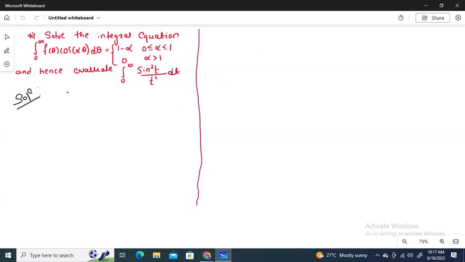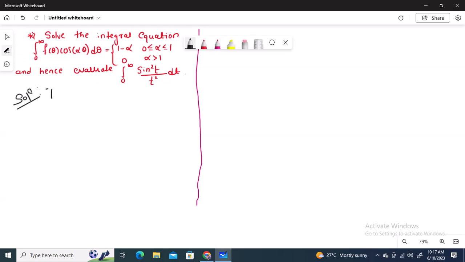So I'll write first we have to find out the unknown value. So how to find out the unknown value? Usually, after integrating, the answer we get is in terms of u, Fourier sine transform, Fourier cosine transform, in terms of u. But here the variable is alpha, so the answer I am getting is in terms of alpha.